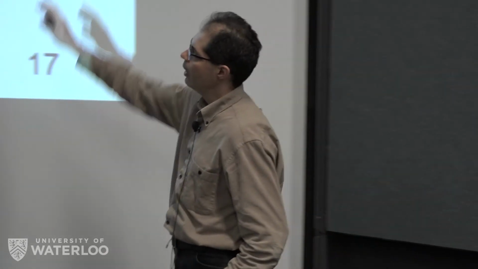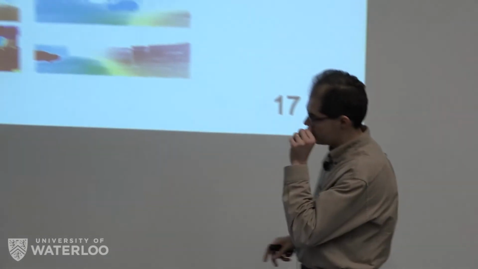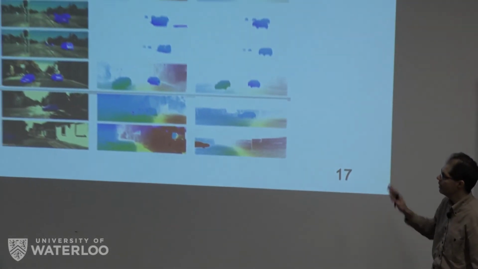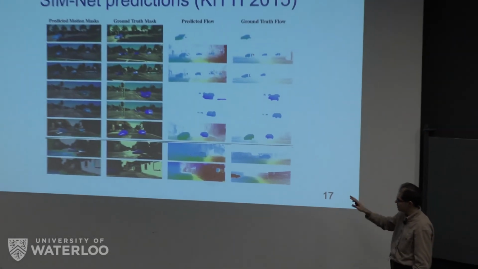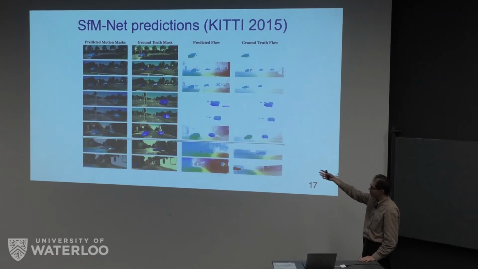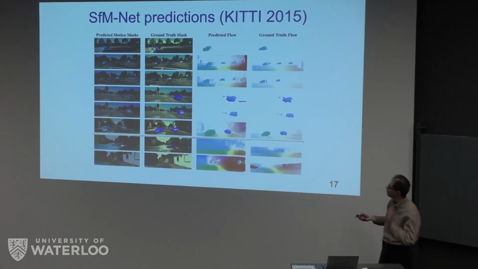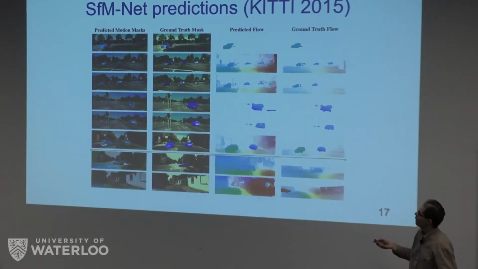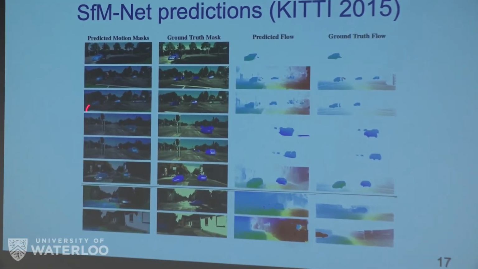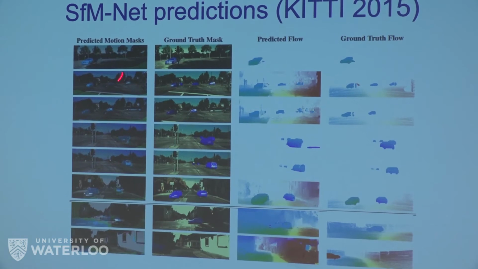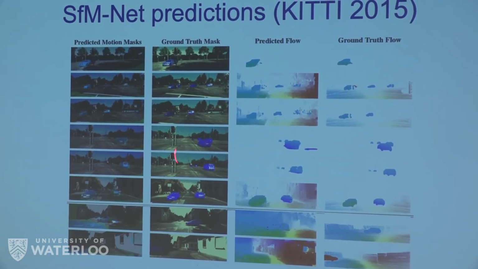OK, so this work was done in 2017 at Google. They applied this to some scenes looking at monitoring cars at intersections. And so we've got some examples of the results that they obtained. Here, they highlight the predicted motion mask and the ground truth motion mask.